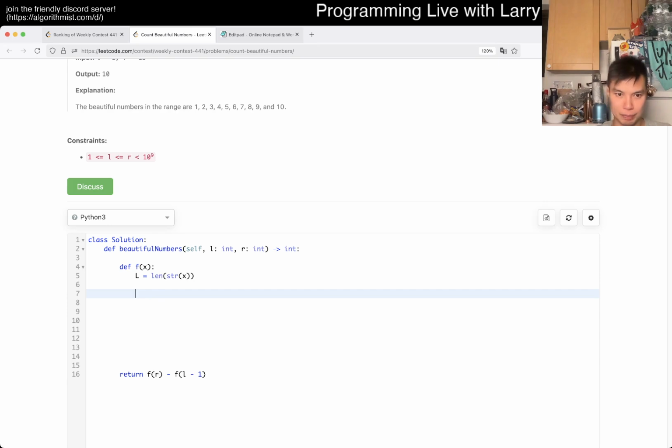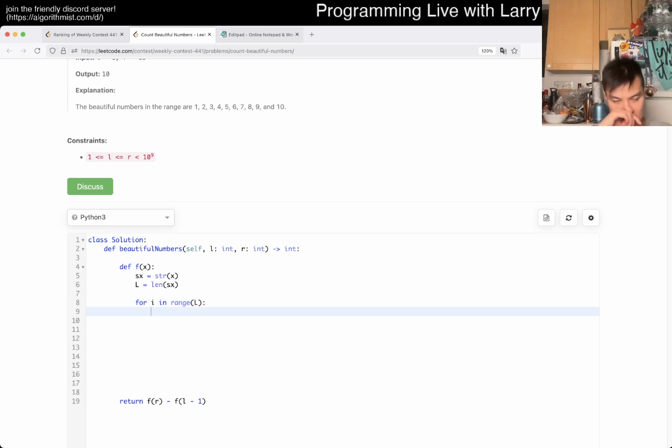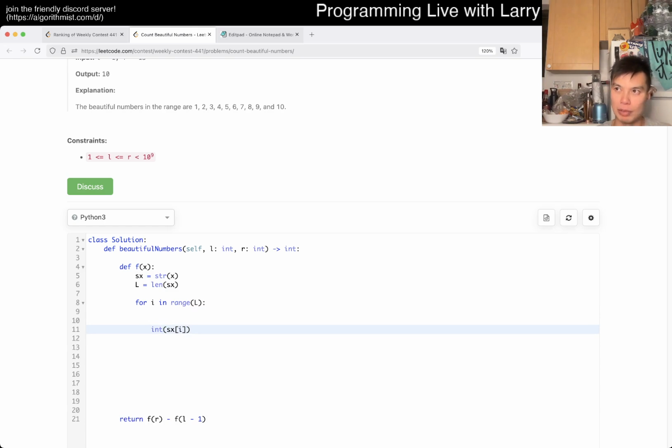So yeah, okay, so the first digit, so Sx of I, right? Is the first digit. That means going up to it, we want all inclusive, right?